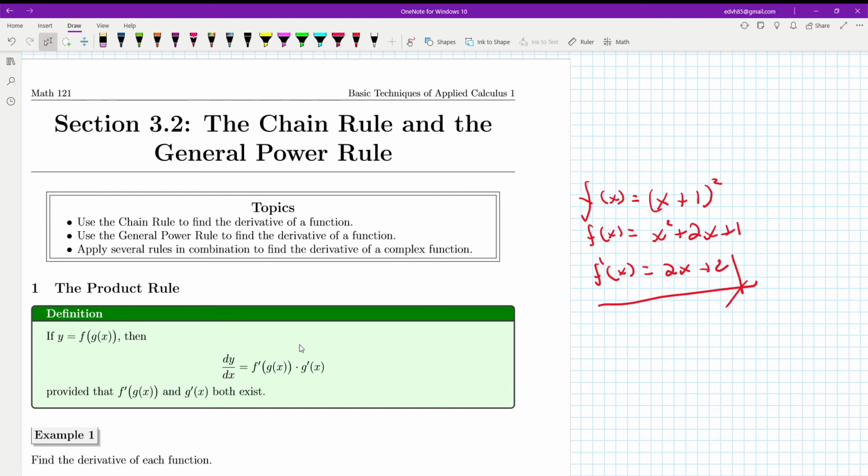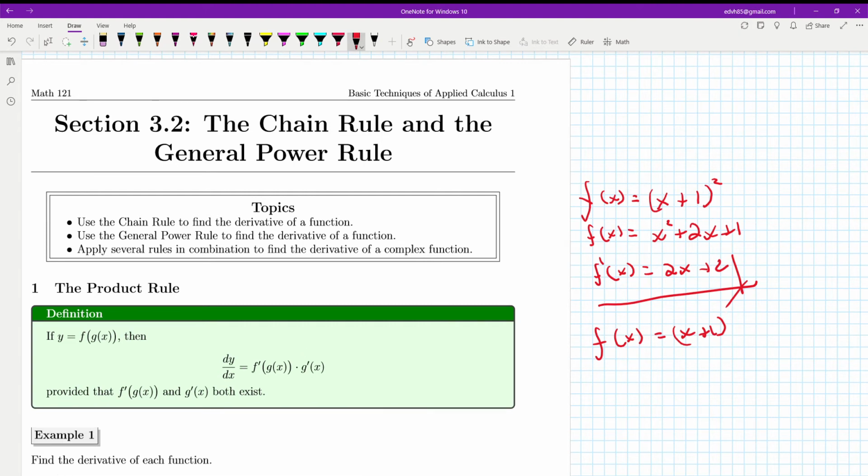However, what if your function f of x is very similar, x plus 1 to the third power? Third power might be a little bit painful to expand.